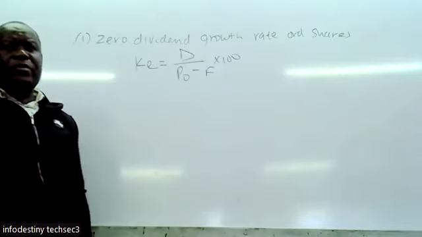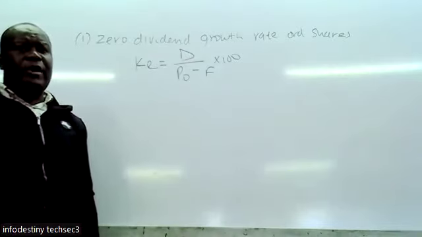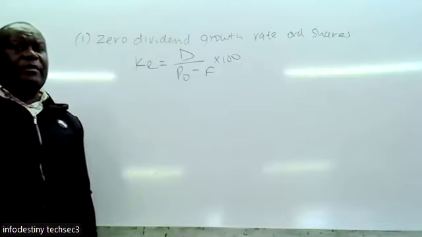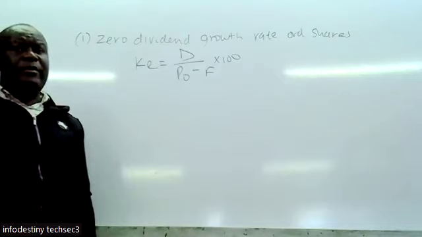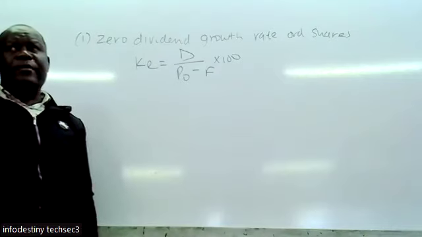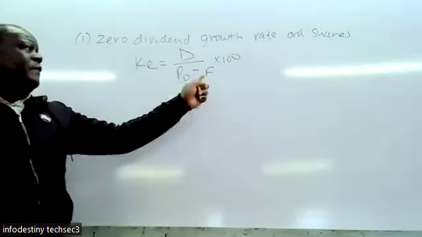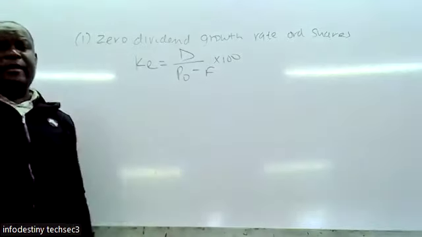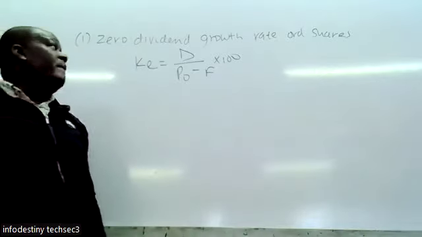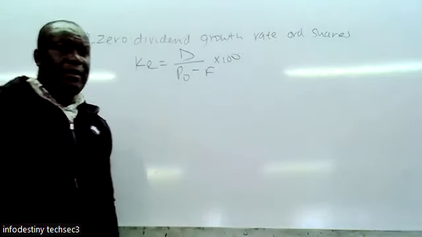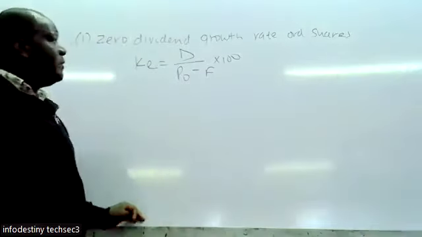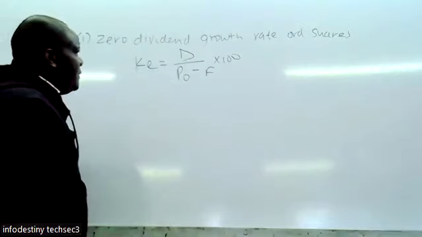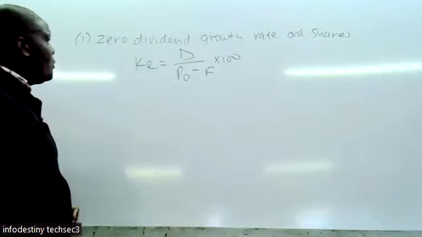F is the flotation cost, P0 is the current market price, and D is the dividend. That's zero dividend growth rate ordinary shares.